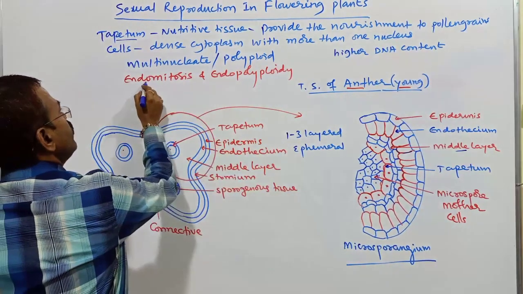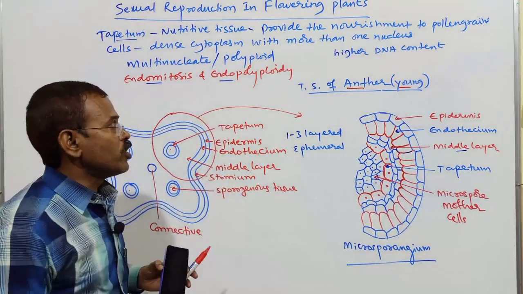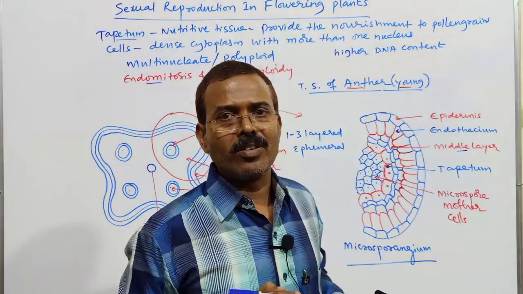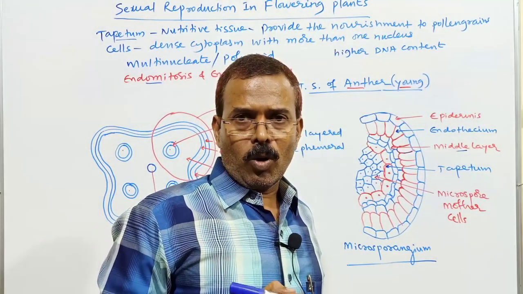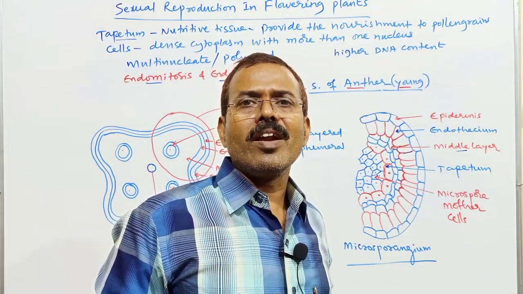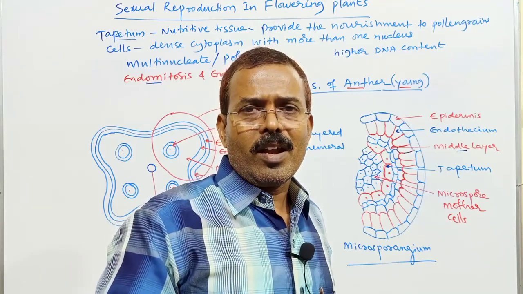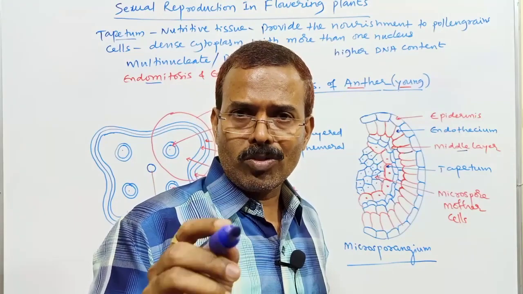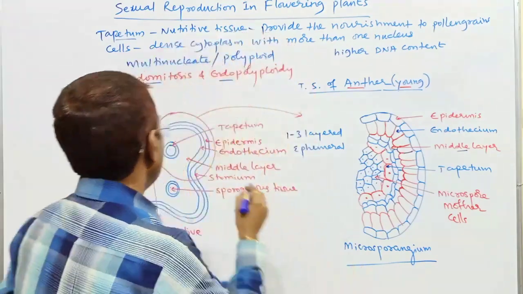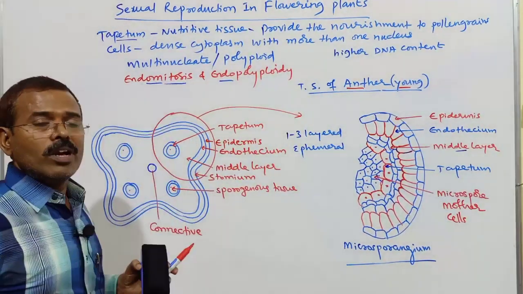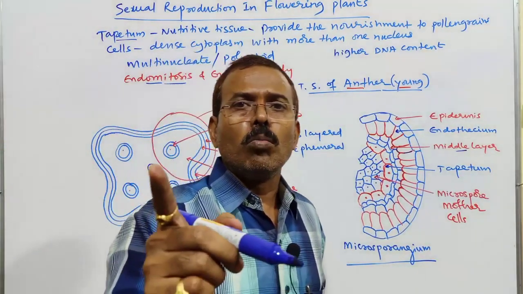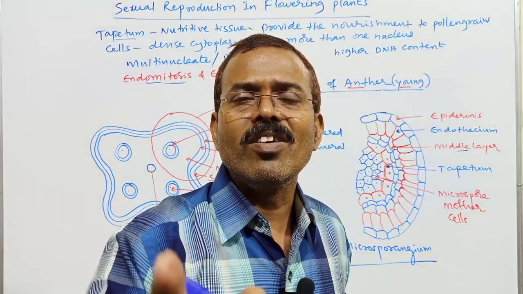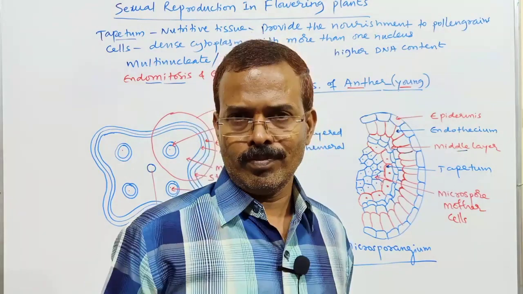So what are endomitosis and endopolyploidy? Remember these two terms. The polyploid or multinucleated nature of the tapetum cells is due to endomitosis and endopolyploidy. Endomitosis is replication of chromosomes without the division of the nucleus in a cell.